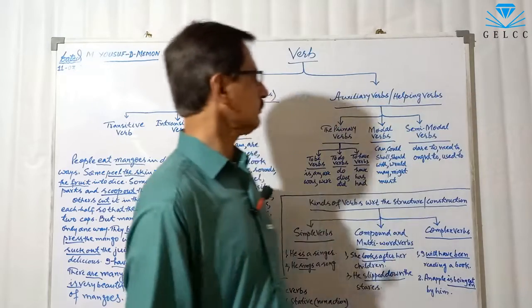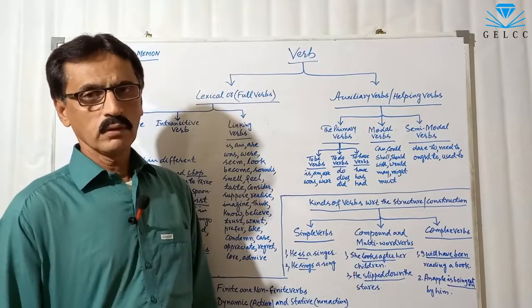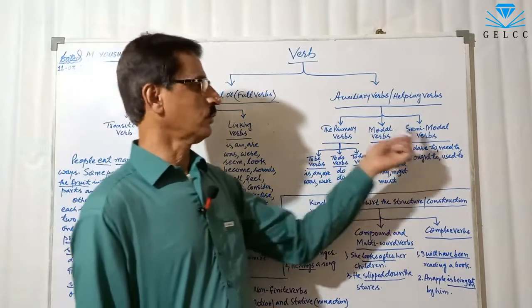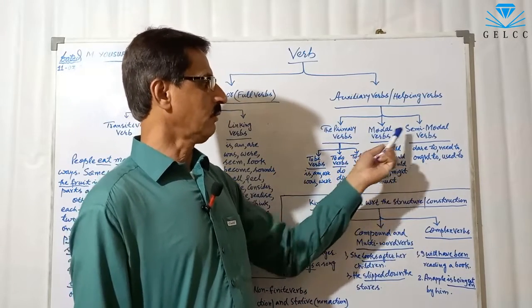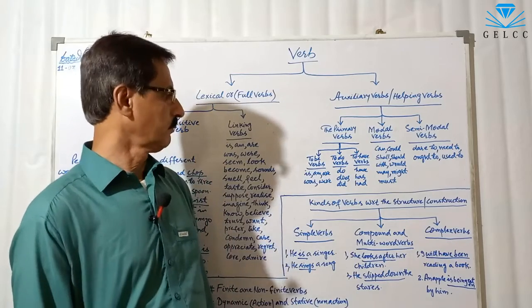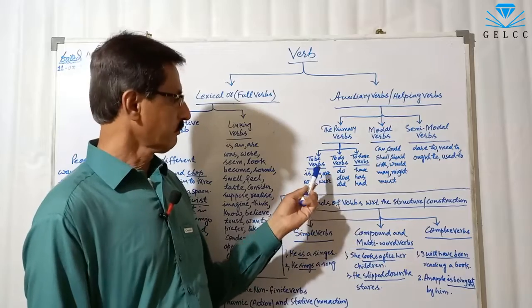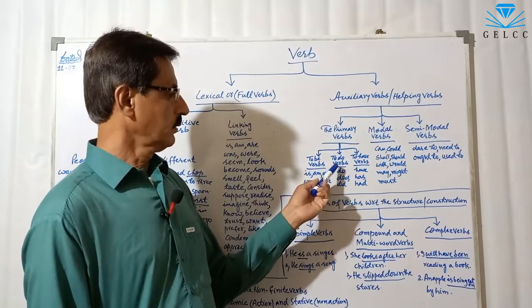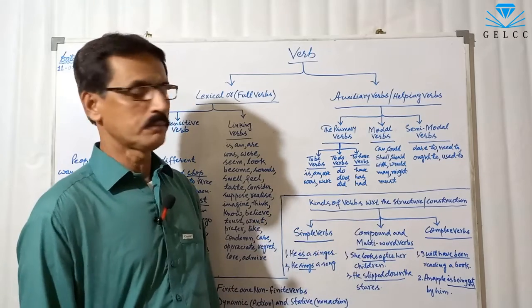Now, auxiliary verbs. Again, these verbs are divided into three parts: primary verbs, modal verbs, and semi modal verbs. The primary verbs are again divided into three: to be verbs, to do verbs, and to have verbs.